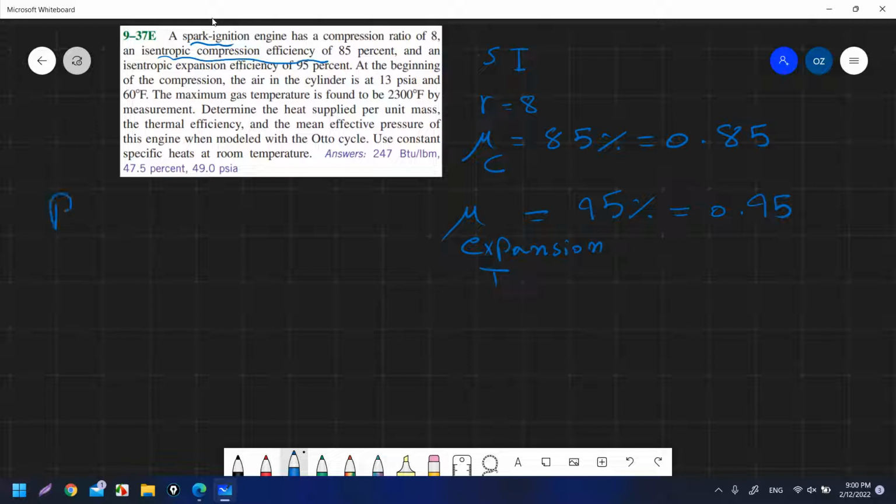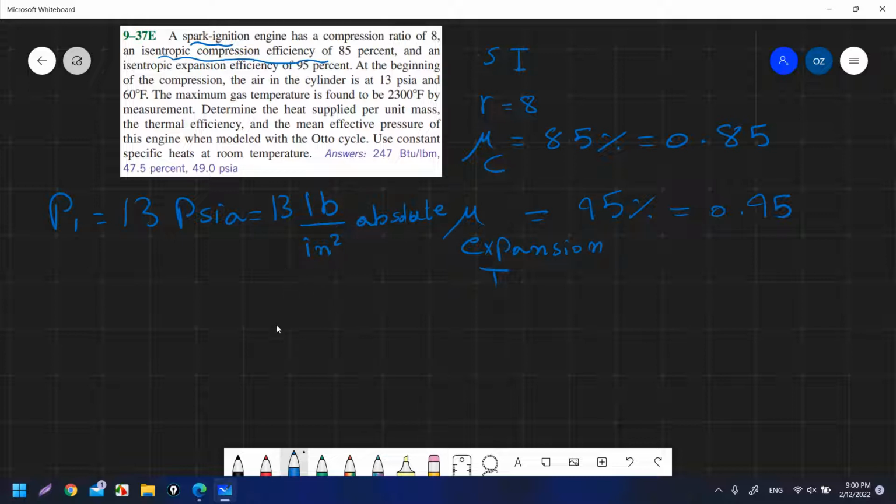So P1 is equal to 13 psia, pound force over square inch, relative to the absolute pressure.